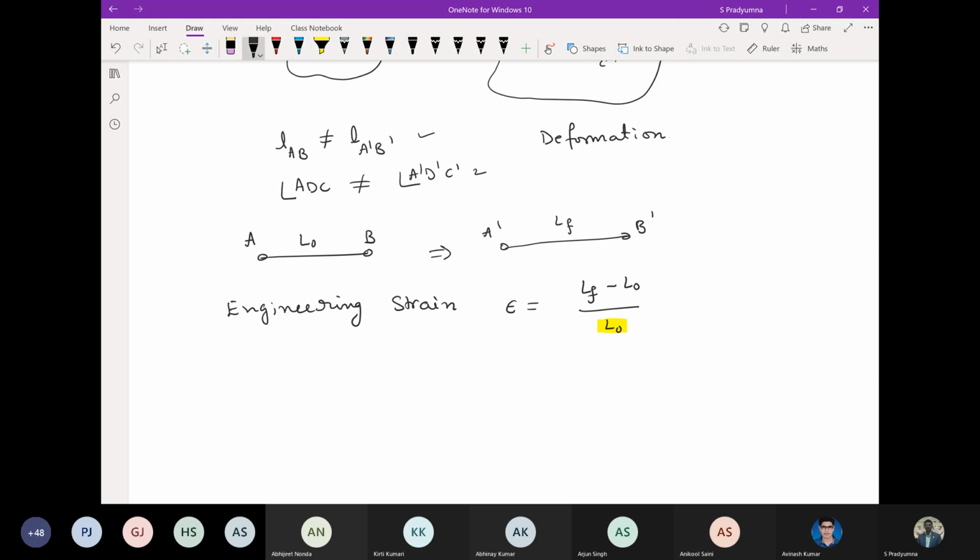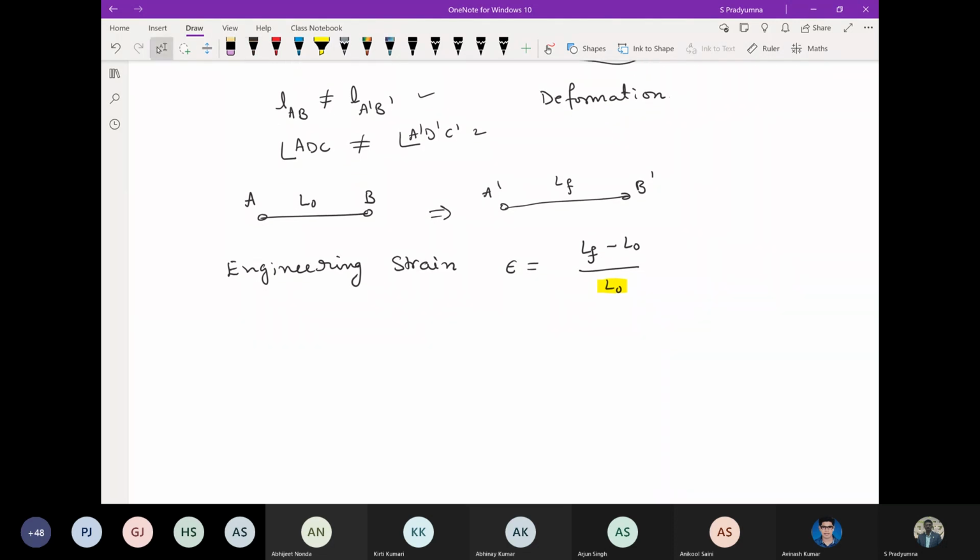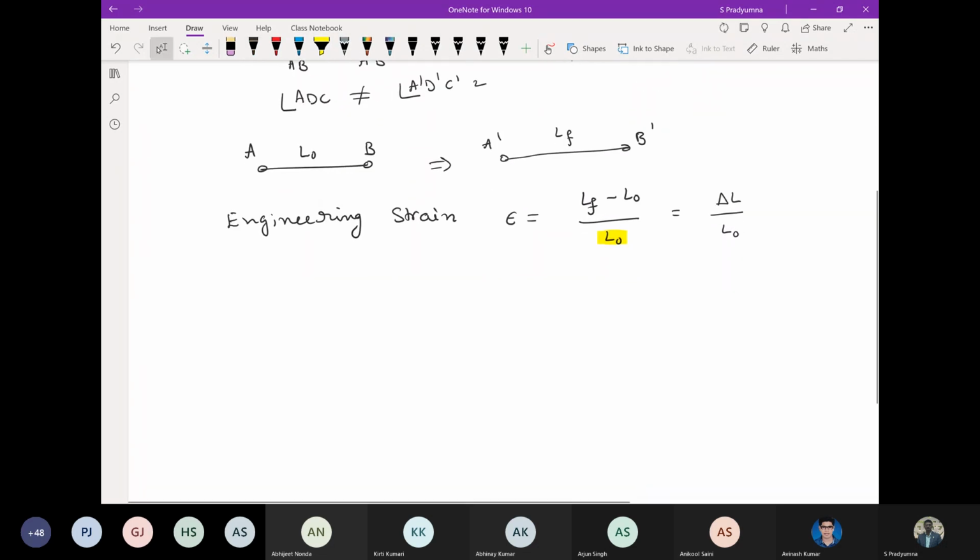And there is one more concept called true strain, in which for every load interval we take the length at that particular interval and then calculate the strain. So we call it true strain. For general purposes, we use engineering strain and engineering stress. There are also true strain and true stress, which we can take up some time, right? So engineering strain is roughly defined like this: the elongation, delta L, divided by the initial length.